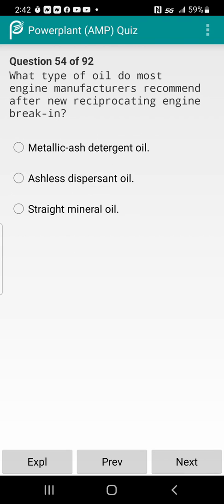What type of oil do most engine manufacturers recommend after new reciprocating engine break-in? Ashless.